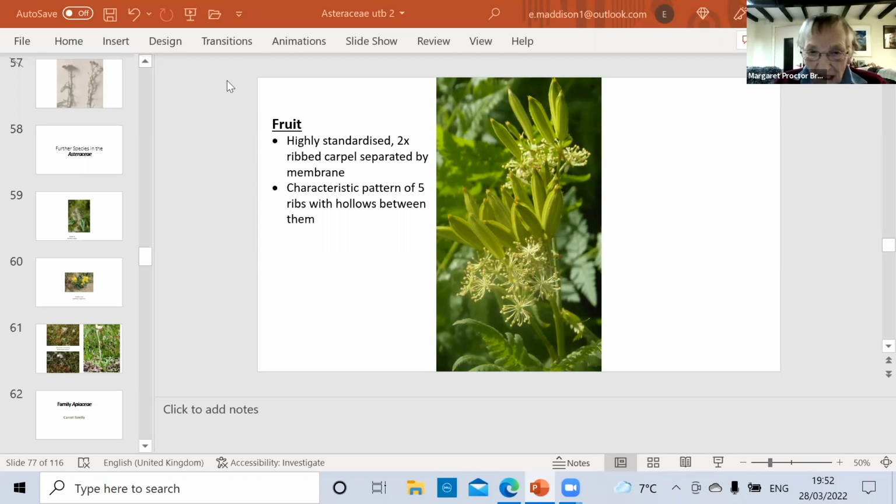Something like Sweet Cicely, if you crush the leaf, it may smell of aniseed. I dare say some of the other umbels have also got a characteristic smell. Whether very young plants will give you that smell, I don't know.